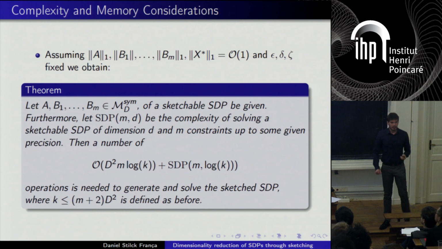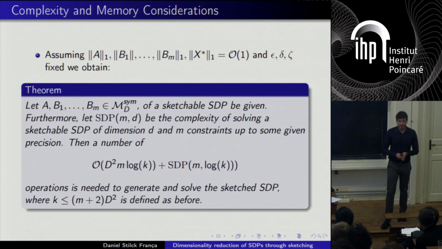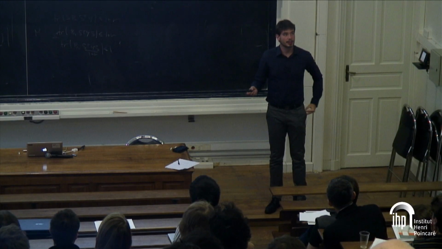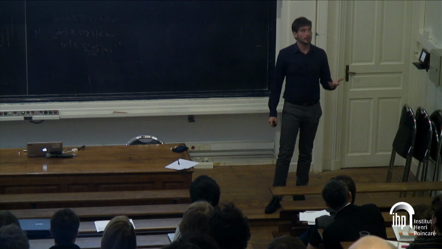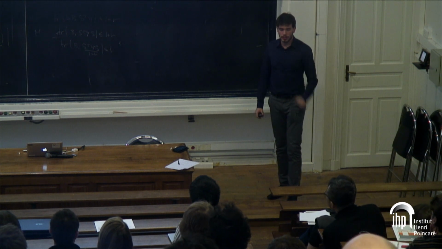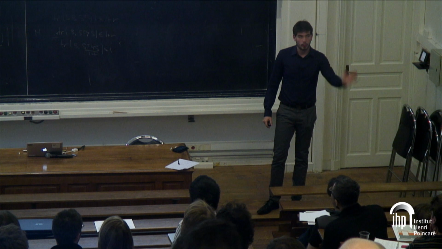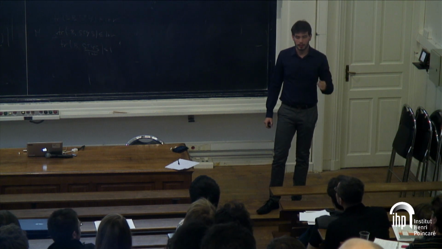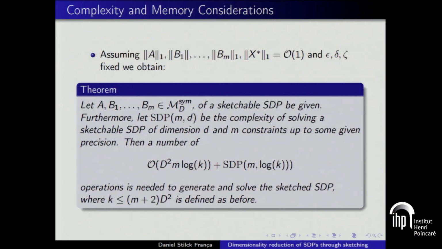Okay, so let's talk a little bit about the complexity gains from this algorithm. So if we assume that the one norm of your target matrix and of the matrices that define your constraints is of order 1, so does not scale with the dimension, and also the same for an optimal point.